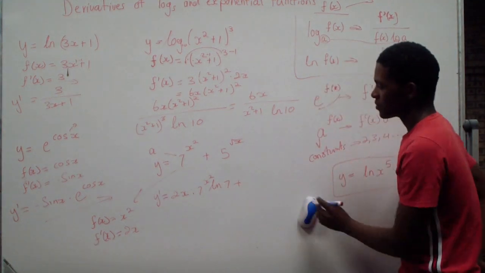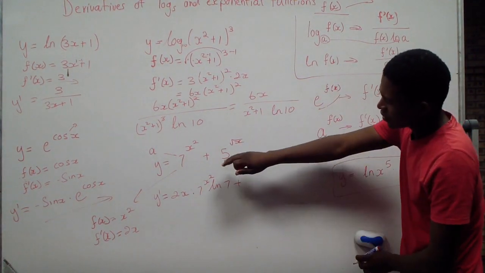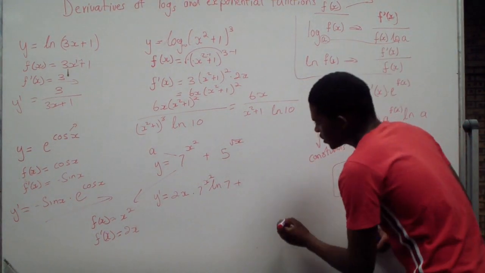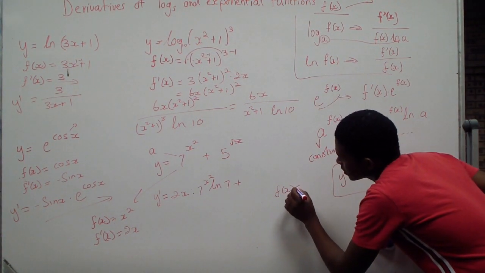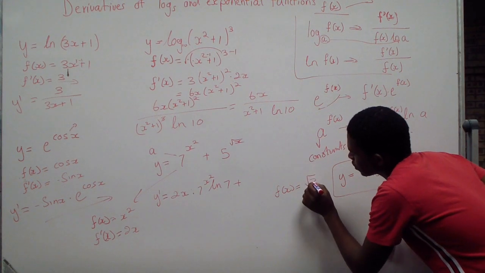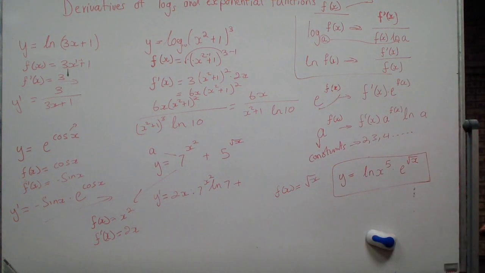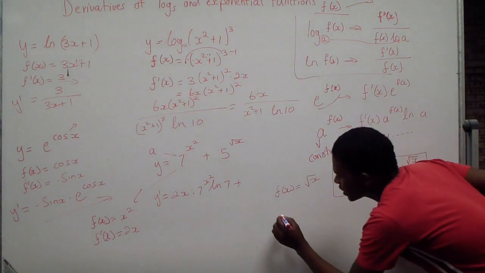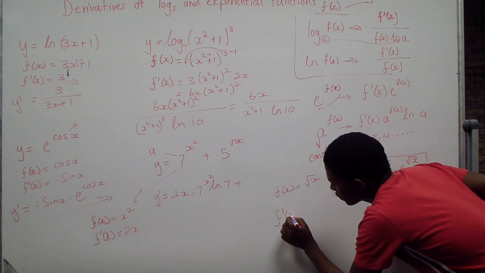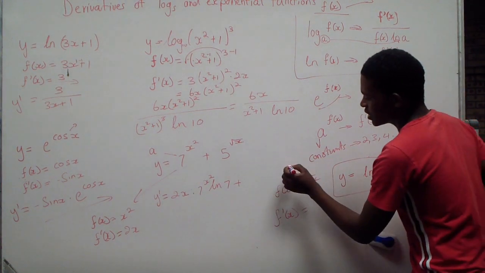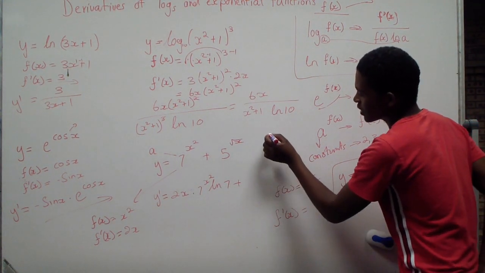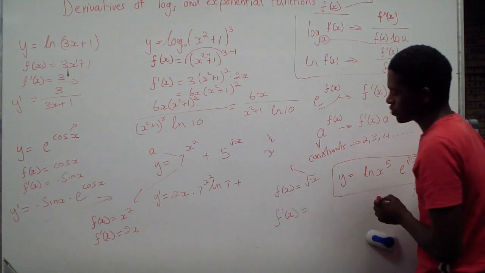Plus, what is the derivative of this? I can say f at x is equal to the square root of x. Then the derivative of this function is equal to, I can change this and say I'm having x to the power 1 over 2.